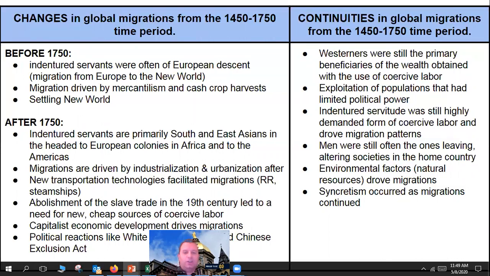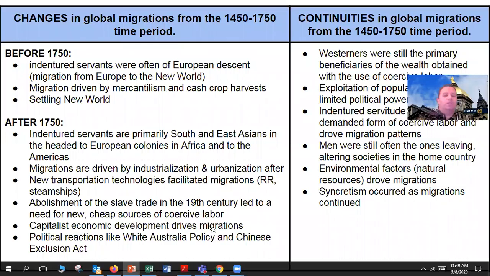Okay, this is a chart that you'll certainly want to look back over a little bit later, but you can see before 1750, our big change is who or rather where the indentured servants are going and where they are from, and then the settling that is taking place, whereas afterwards we're seeing indentured servants that are coming from Asia as opposed to coming from Europe.